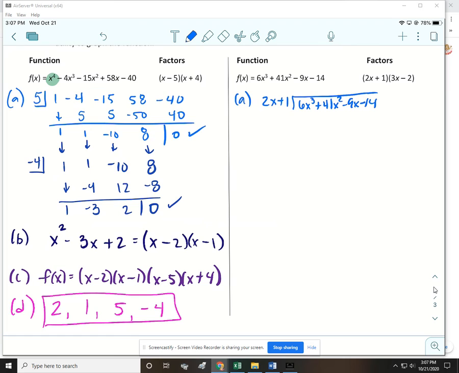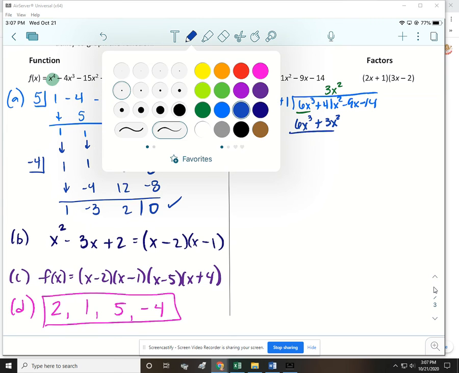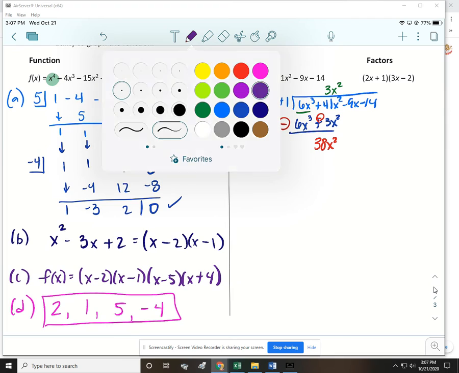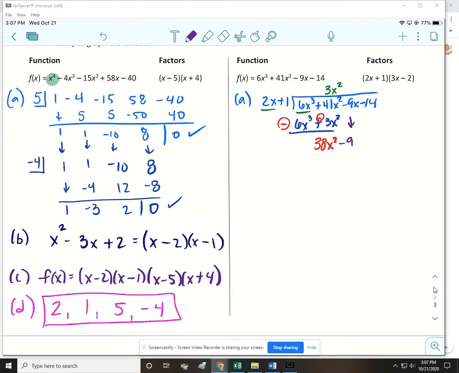All right, so we'll start off with our divide step, and then our multiply step, and then subtract, and then bring down, and start all over.